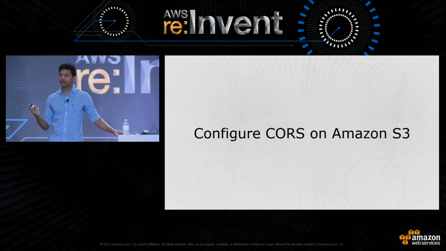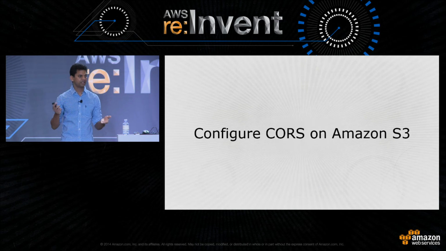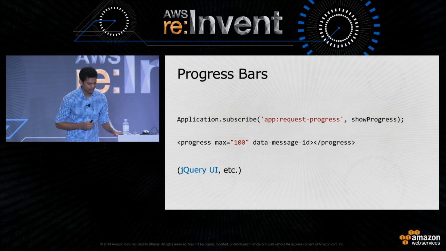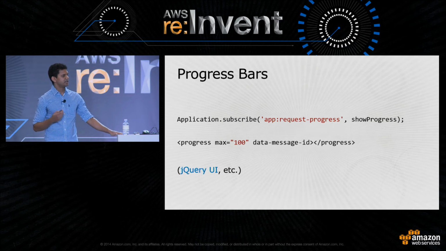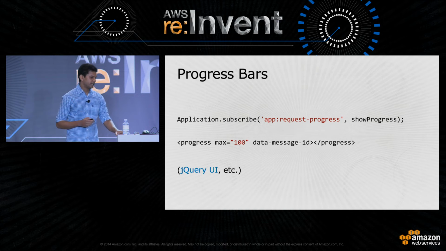For an example on how to configure CORS, you can check out our developer guide online, where we have a sample CORS configuration that you can use to configure your S3 bucket. Now, in our console application, we log progress to the command line, which was a very simple print standard out command.